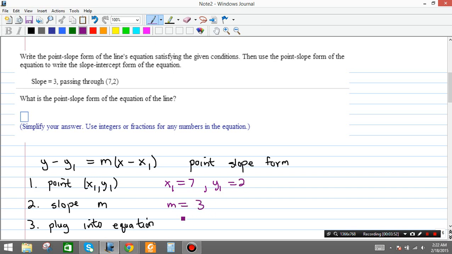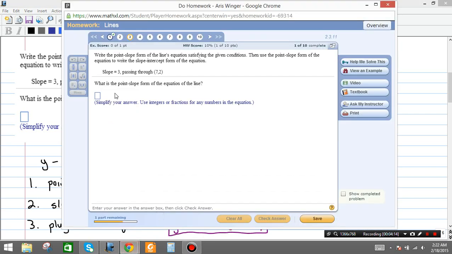And so the answer is y minus y1 is 2 equals the slope times x minus x1 is 7. And you literally put it in as that for the first part. So I'm going to do that now. So it's y minus 2 equals 3 times x minus 7. And you do nothing else but that for the first part.